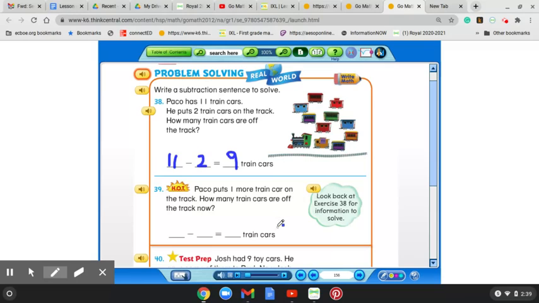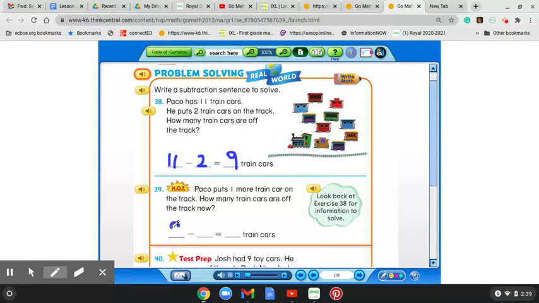Okay, very good. Now we are going to use some of the same information that we just got in that problem for our next problem. Payco put 1 more train on the track. So now how many train cars are off the track? All right, so we learned that there were 9 train cars off the track.